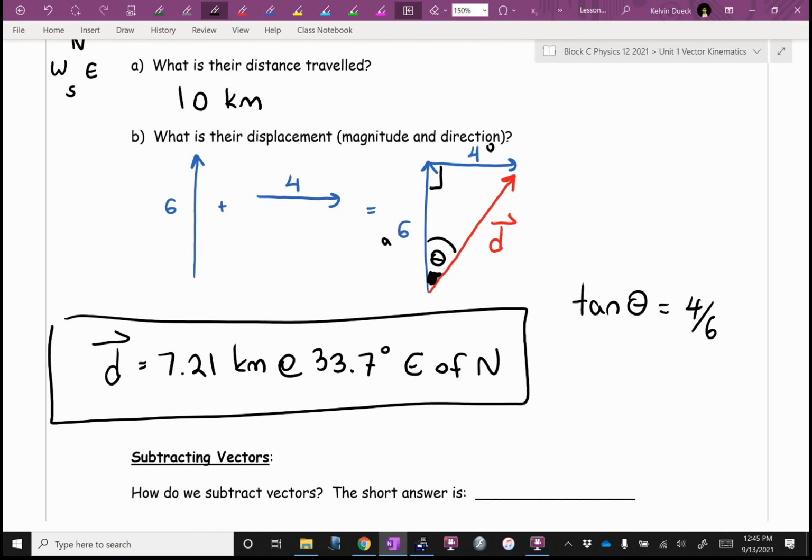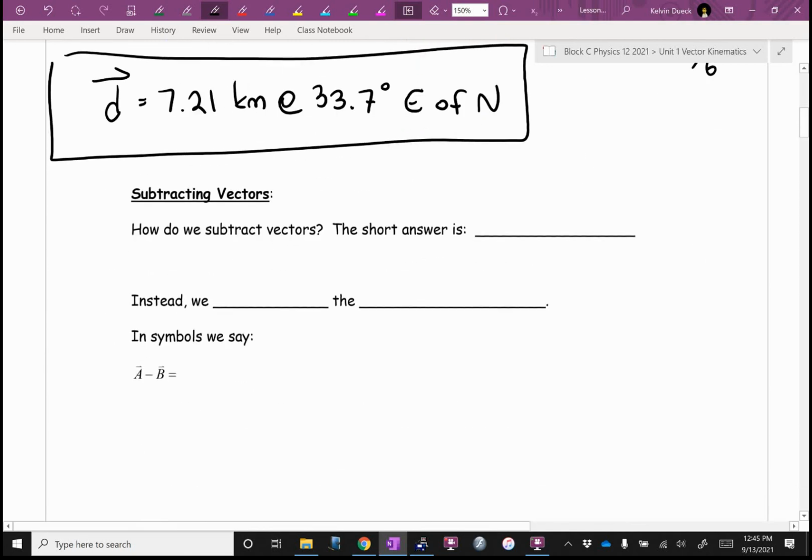First of all, Deegan, how do we add vectors? Draw them. How do we subtract vectors? Well, the short answer is we don't. There is a subtraction rule, and when I was in university, this is how my prof taught it. We memorized it.